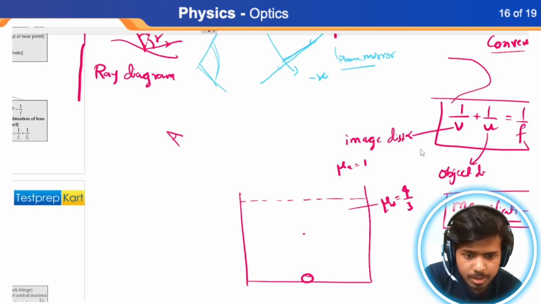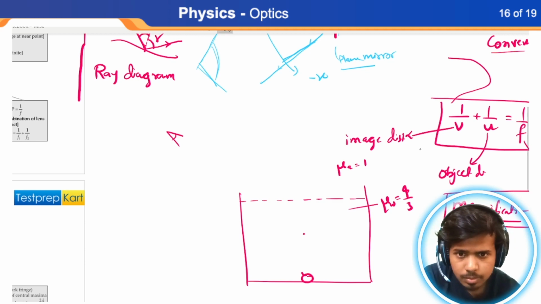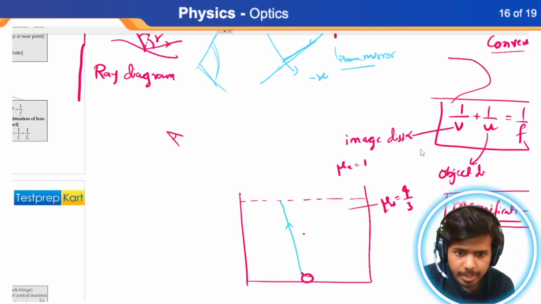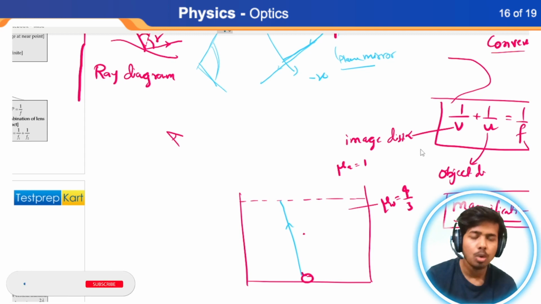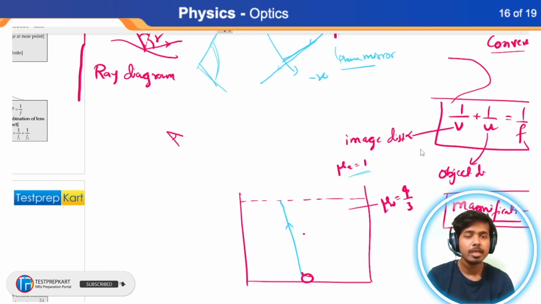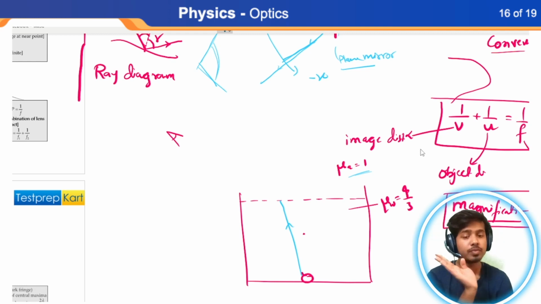So what happens here is, if, let's say, the light ray is in this direction, and then as it is coming outward to a less dense medium, it will not bend inwards, it will bend outwards.